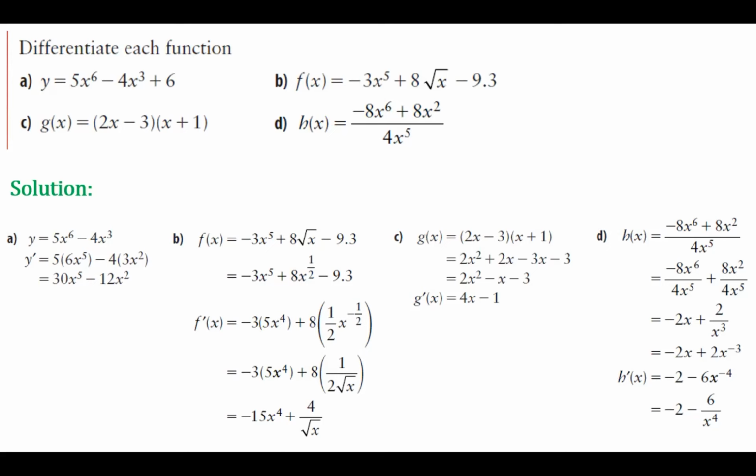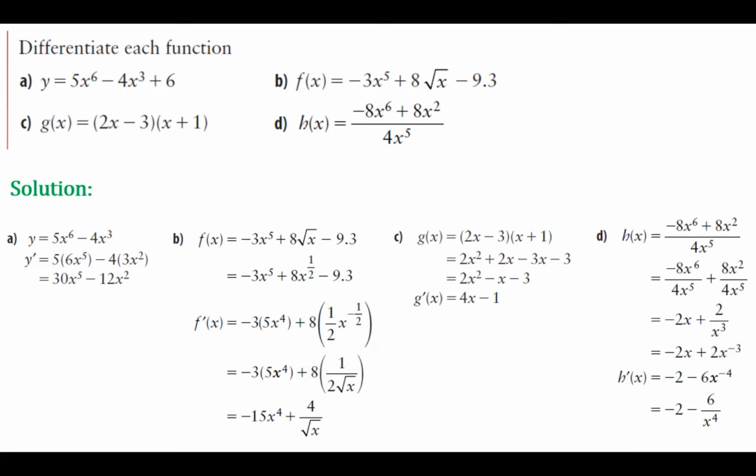Therefore, that equals -3 times 5x to the power 4 plus 8 times 1/2 of x to the power of -1/2 minus the derivative of a constant, 0.9. Remember, the derivative of a constant function is always 0. Therefore, that can be simplified to f prime x is -15x to the power of 4 plus 4 over the square root of x. Any questions? Have you done this correctly?